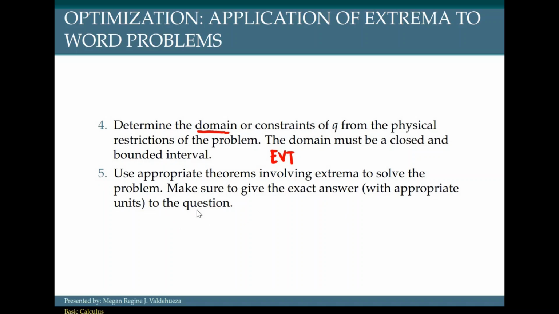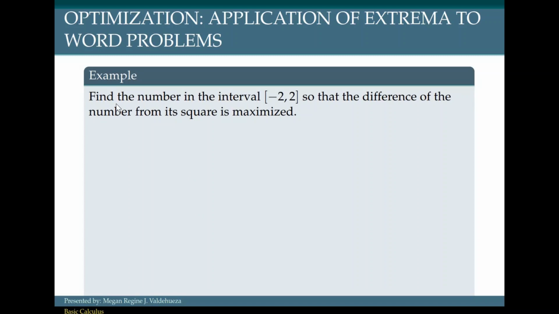So for example, find the number in the interval -2 to +2 so that the difference of the number from its square is maximized. So, first step, since it is not possible to draw a diagram, we will not draw a diagram.